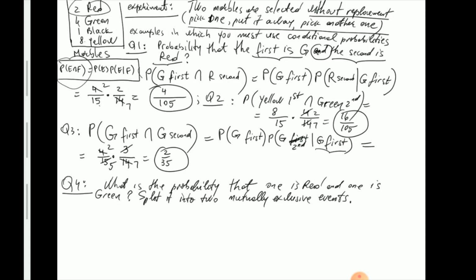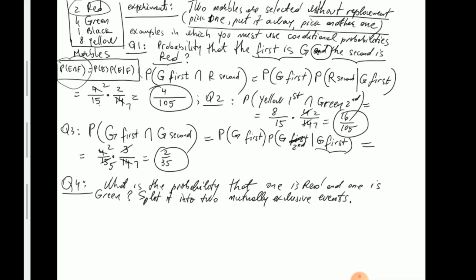So two things can happen to realize this event, one red and one green. Either the first is red and the second is green, or the first is green and the second is red, and the two are mutually exclusive. They can't overlap. It's one or the other. And remember, the probability of the union of two exclusive events is the sum of the probabilities.